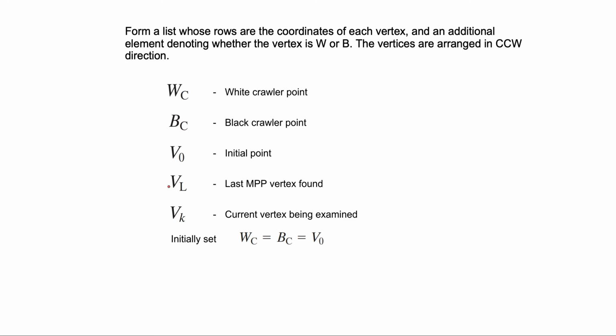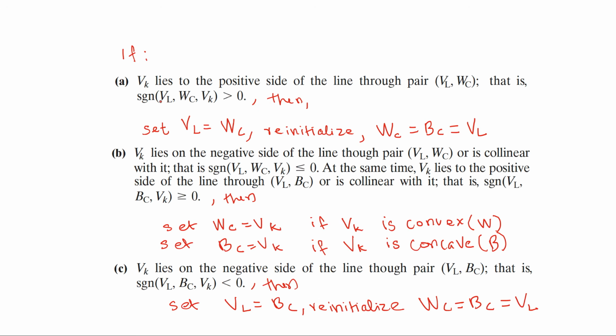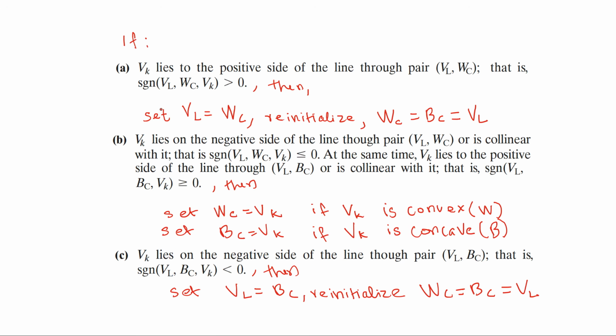So when you get all the VL points, that will form the MPP. And Vk is the vertex that is currently being examined. Before we run the algorithm, we have to initially set WC and BC equal to the initial vertex V0. These are the main steps involved in the algorithm.